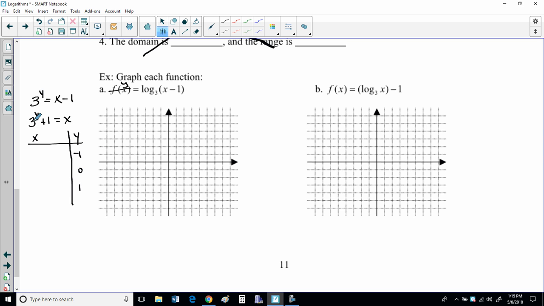Try that again. Okay, so this is 1/3 plus 1, which is 1 1/3. So 1 1/3, -1. All right. 3 to the 0 is 1 plus 1 is 2, so 2, 0. And then 3 to the 1 is 3 plus 1 is 4, so 4, 1.